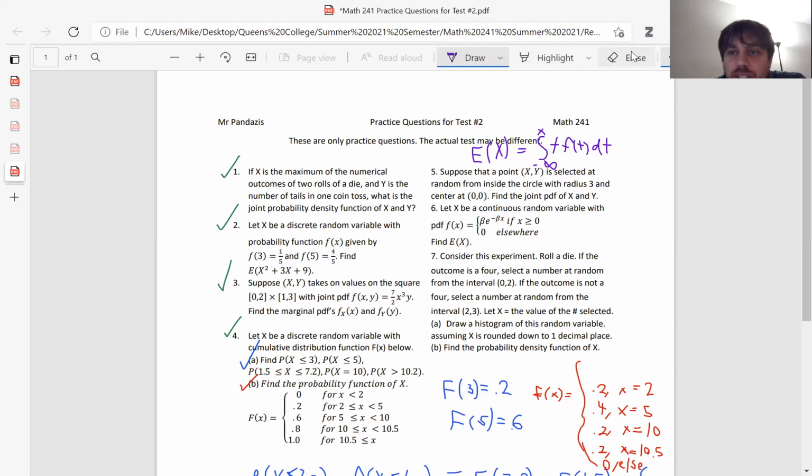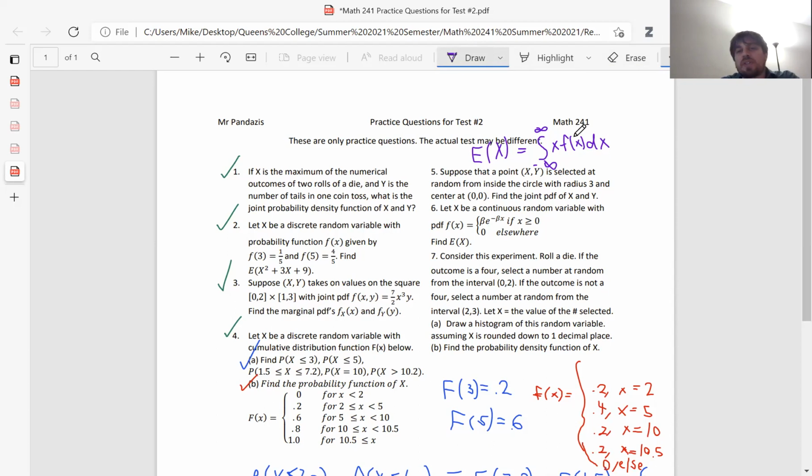No, I mean you're integrating with x. You're adding over all possible values of x, so it's not that. I'm mixing this up with the thing I just taught. Okay, so there we go. E of x is equal to the integral from negative infinity to infinity of x f of x dx.